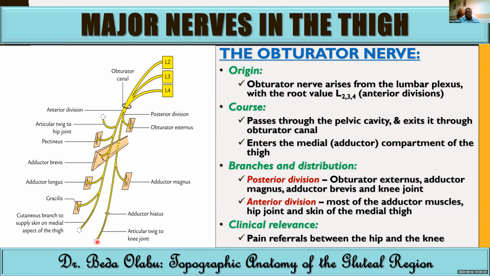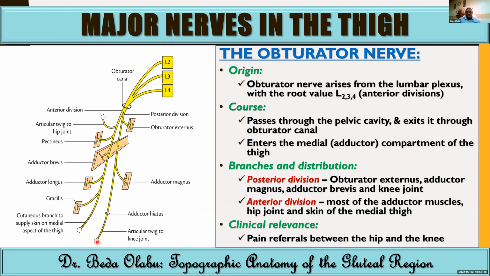Sometimes you may have pain referrals. Pain arising from the hip joint may be felt at the knee or vice versa. Pain arising from the knee may be felt at the hip. Why? Because the two joints are both supplied by the obturator nerve.